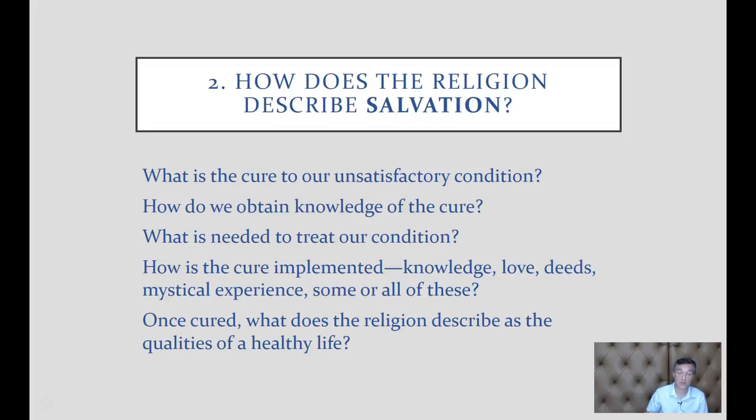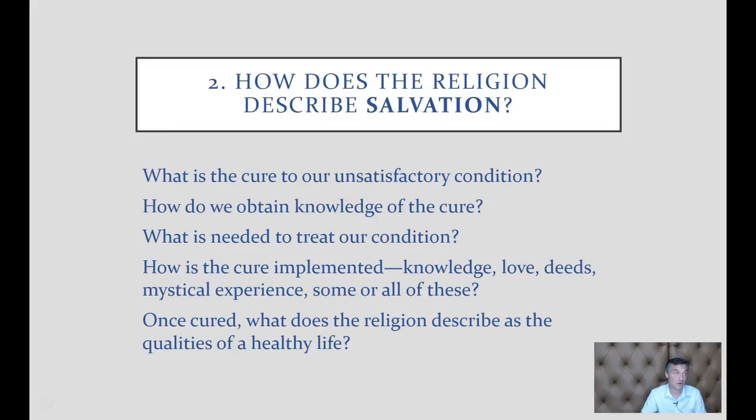And this can often be in the way of some sort of practice. What do we need to work on in ourselves to treat this condition? How is the cure implemented? You've told me what the cure is, but how does the religion describe how you actually do it? Does it involve acquiring knowledge?